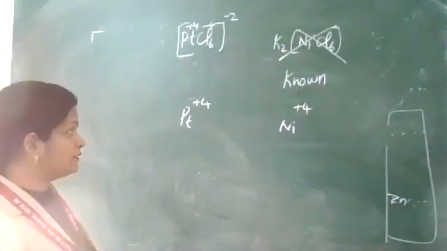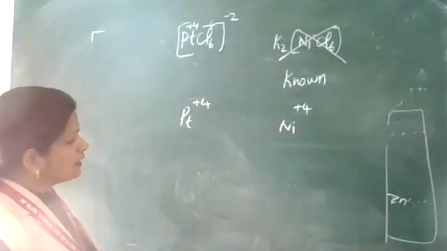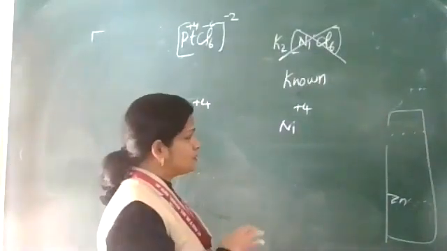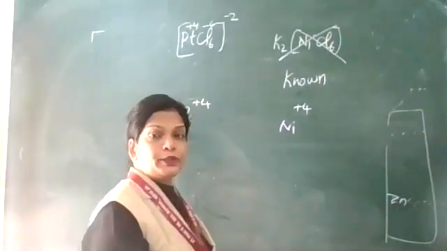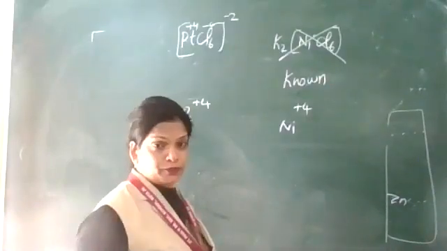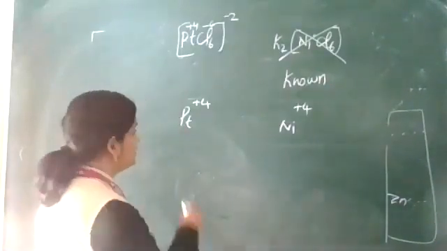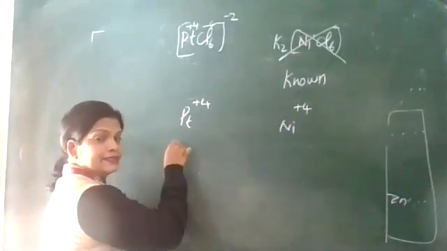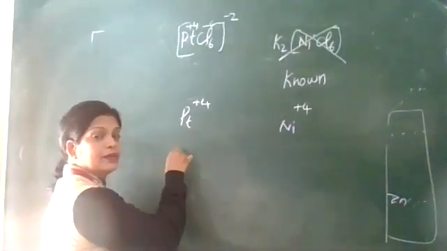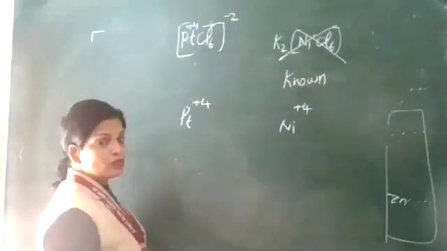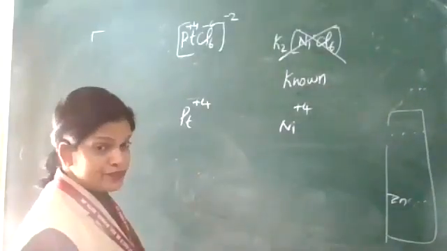For platinum the sum is a shorter value. Similarly for nickel, IE1 plus IE2 plus IE3 plus IE4, the ionization energy required will be more. That is why it is not feasible.